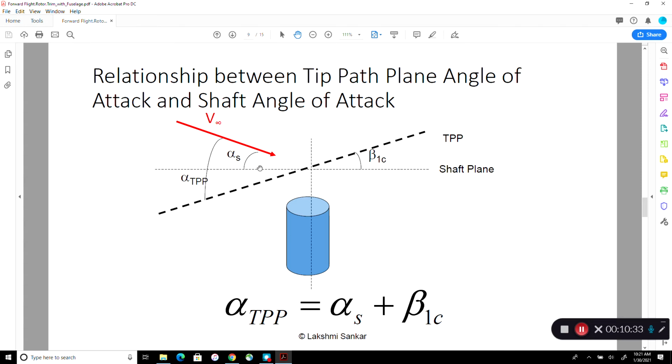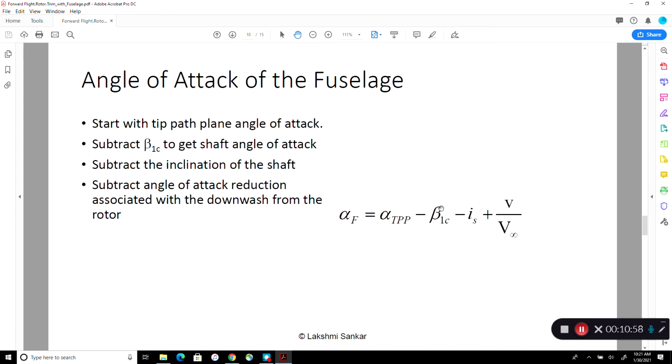Therefore, it changes the alpha tip path plane by an extra amount, okay? Because the velocity vector changes slightly more inclined because of the downwash extra velocity that the rotor is generating, pushing the air down this way. So that extra velocity, extra angle is V over V infinity. So this is the alpha fuselage.